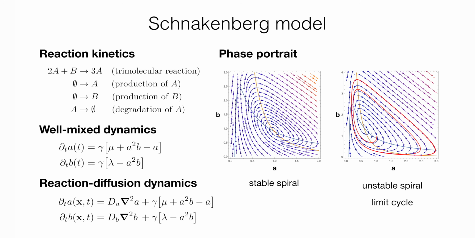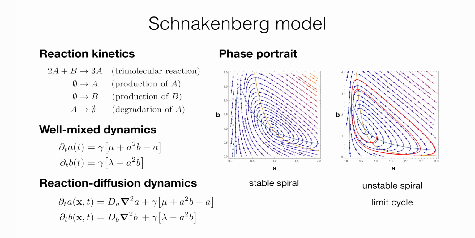Now you can turn this into a differential equation, just considering those reactions, and give the various reactions certain rates. So gamma that you see here is the overall reaction rate. It measures the overall speed of the reactions, including all the ones that are listed. So it's our basic time scale.